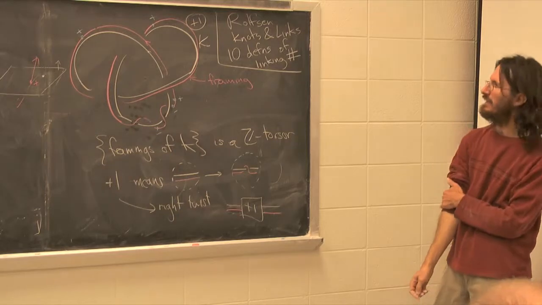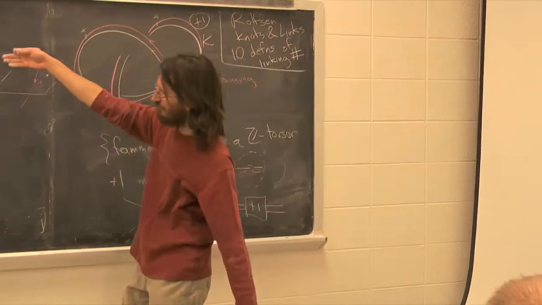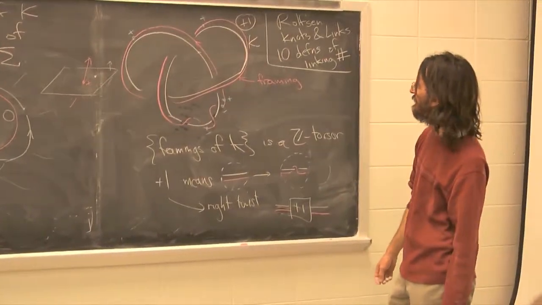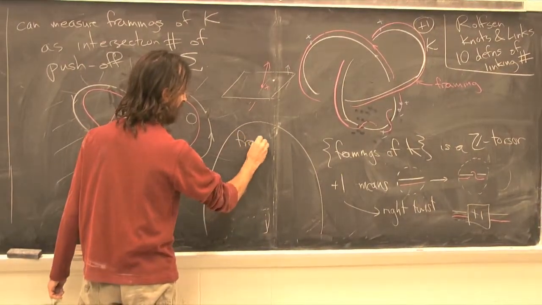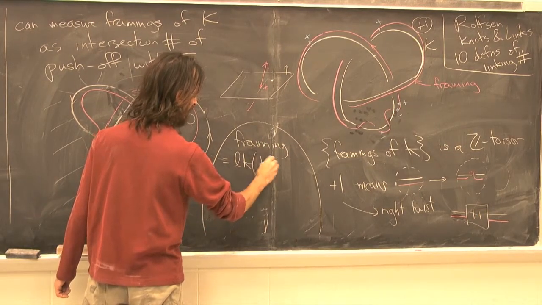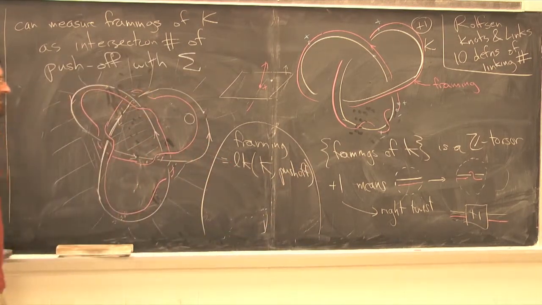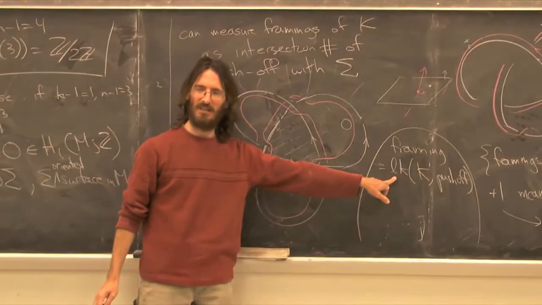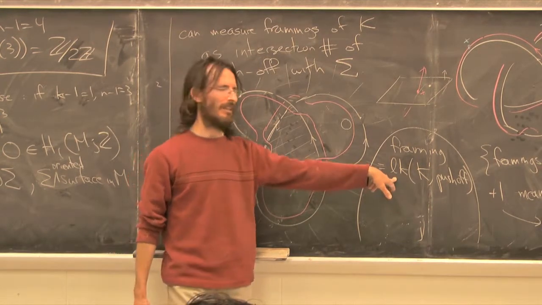And what we've really done is computed the framing, which can be thought of as the linking number of K with the push-off. The framing really gives you the push-off, but to identify it as an integer, we use this thing called the linking number.